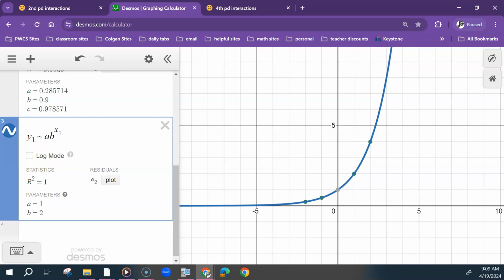Find when x is 4 and negative 4. Did you get one of those answers? Okay. So you could type in x equals 4, or you could go along the curve.